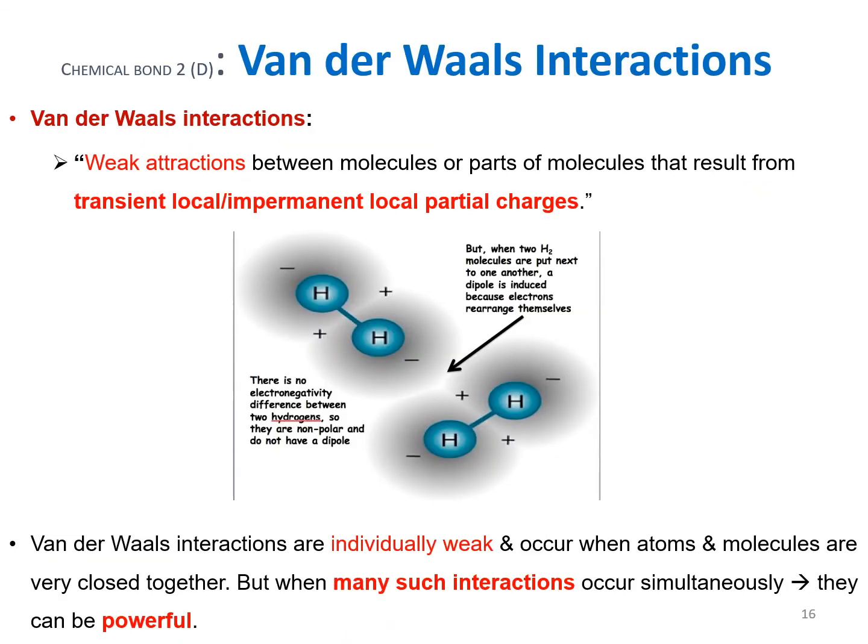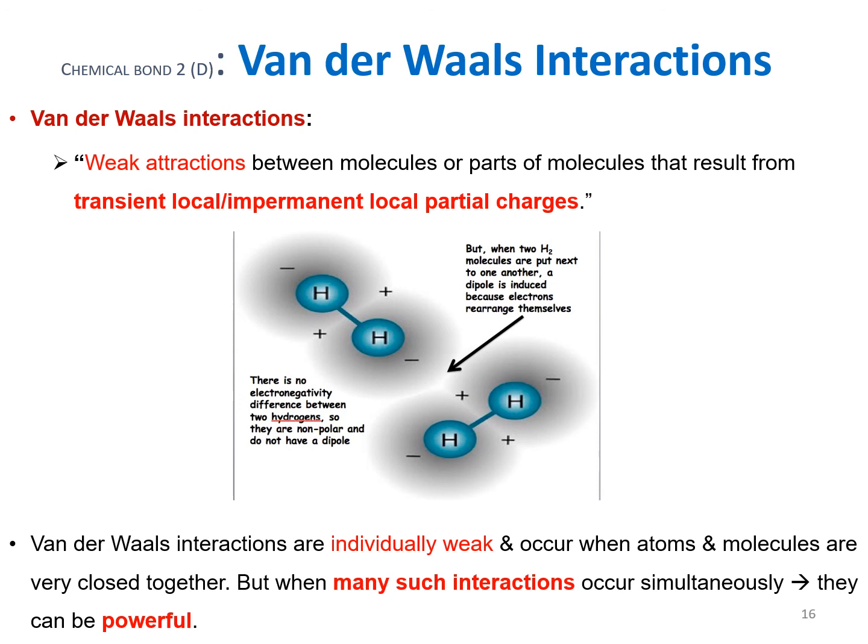The next chemical bond is van der Waals interaction. Van der Waals interactions are weak attractions between molecules or parts of molecules that result from transient local partial charges. If they exist individually, they are weak and occur when atoms and molecules are very close together.